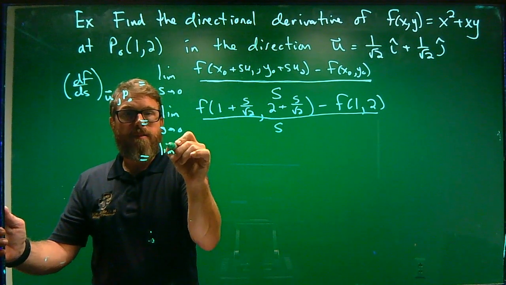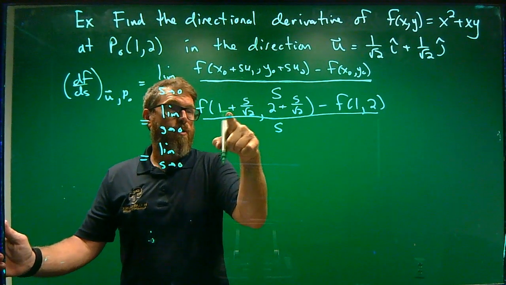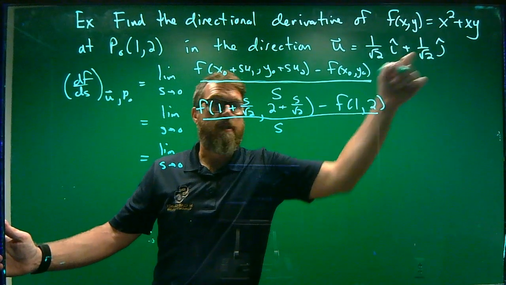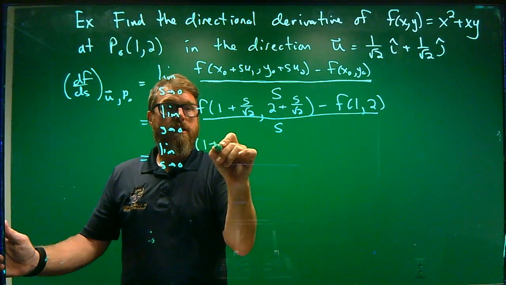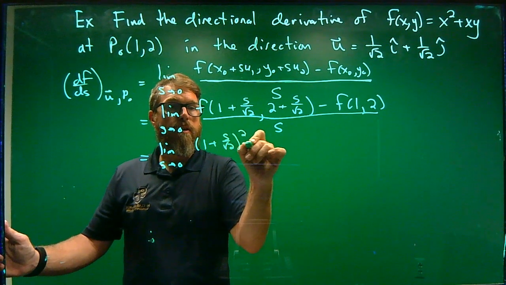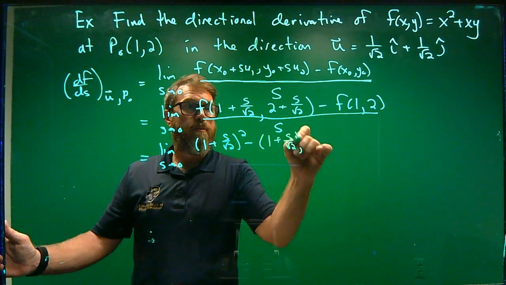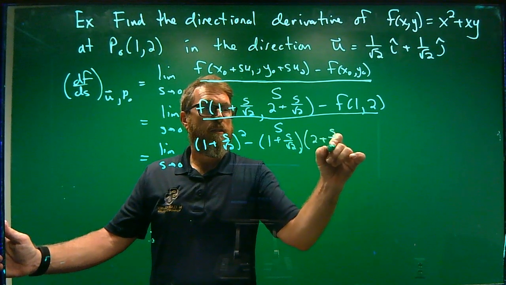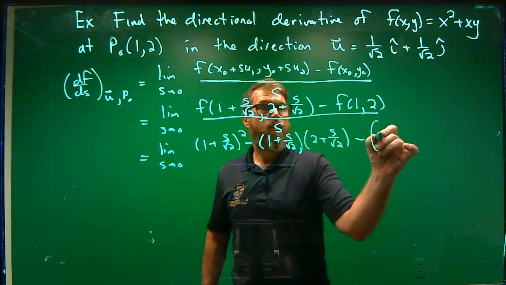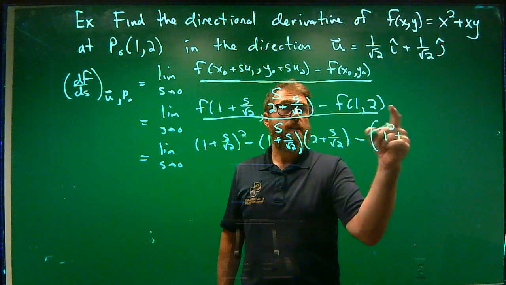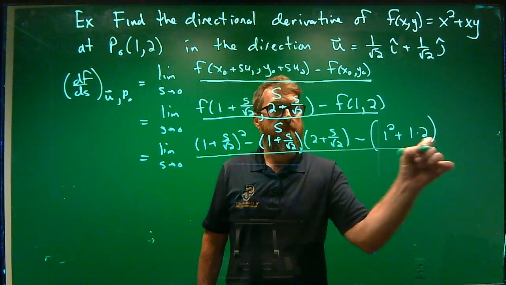I know this is your x coordinate and this is your y, so it's going to be x squared plus xy. So this squared, and then the multiplication of these, x squared plus x times y, and then minus the evaluation of this, which is 1 squared plus 1 times 2. And this is all going to be divided by s.